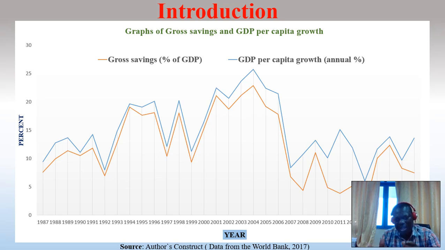It is not mimicking the curvature of the GDP per capita within that period. That should clearly tell us that rebasing does not necessarily encourage savings among people. Rebasing is just a statistical measure that should prop up the GDP, and for that matter, improve the per capita income or GDP per capita growth statistically. So that has no direct relationship in promoting savings among the people.